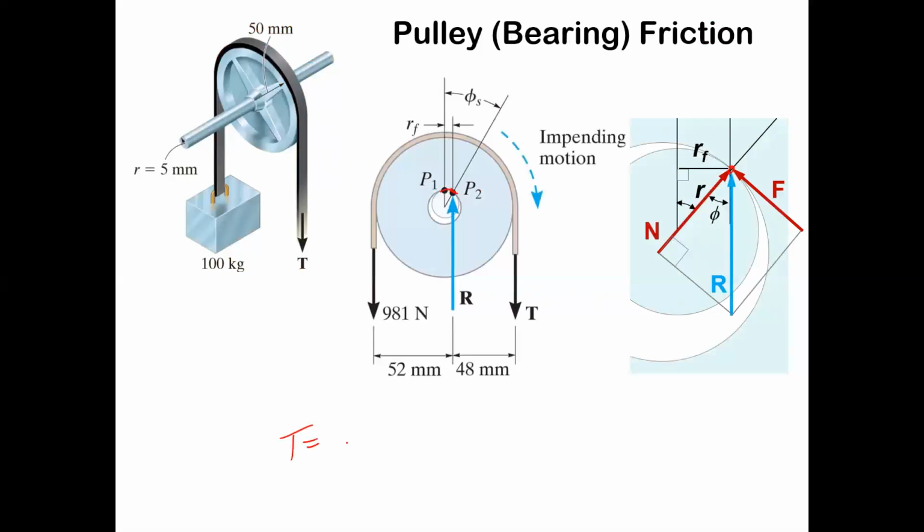T is going to equal 980. Oh, this is because the block is 100 kilograms. So it's going to be 981 newtons times (RP plus RF) over (RP minus RF), in case you're interested, where RP is the radius of the pulley. Wait, where's RP?